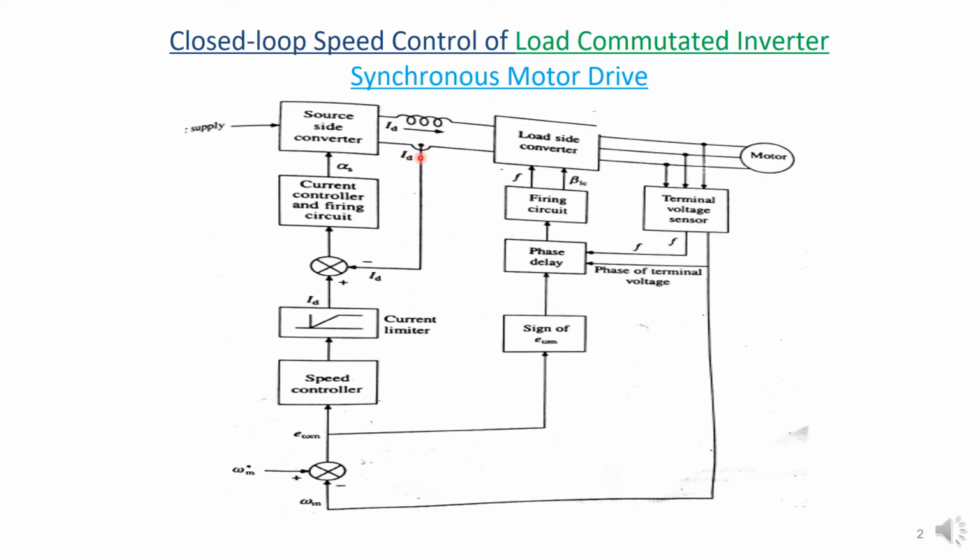That comparator compares the actual current Id with this reference current. The error is given to the firing circuit. Accordingly, the firing angle is set and given to the source side converter, and accordingly the current flows through the load side converter.